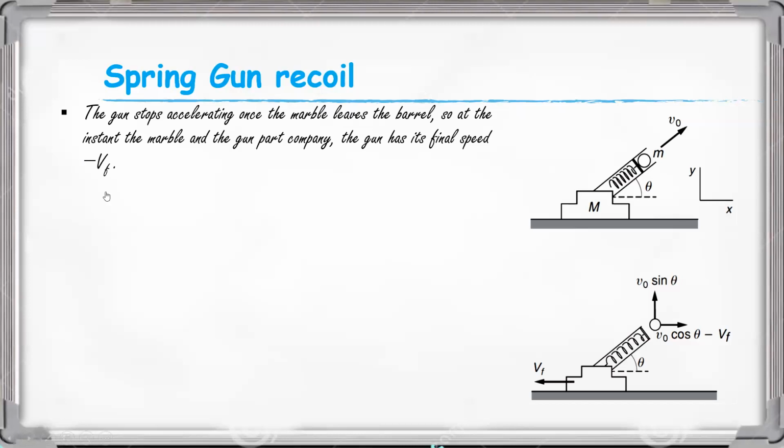Here we take minus Vf because the recoil occurs in the opposite direction. So the final velocity of the gun is minus Vf.